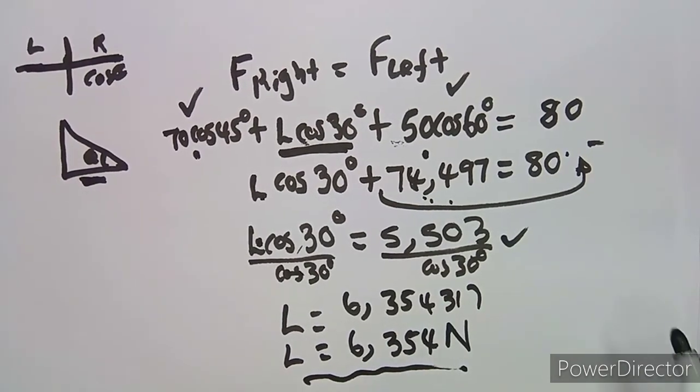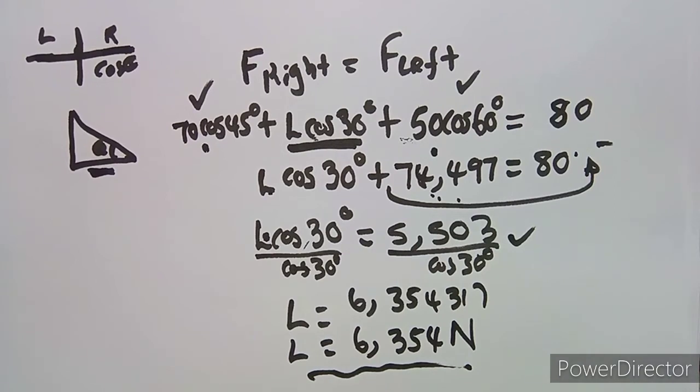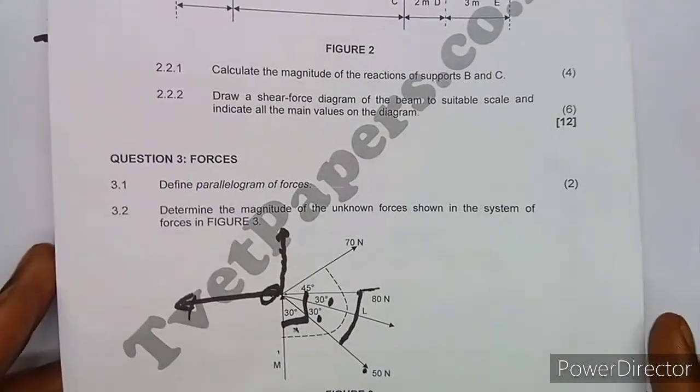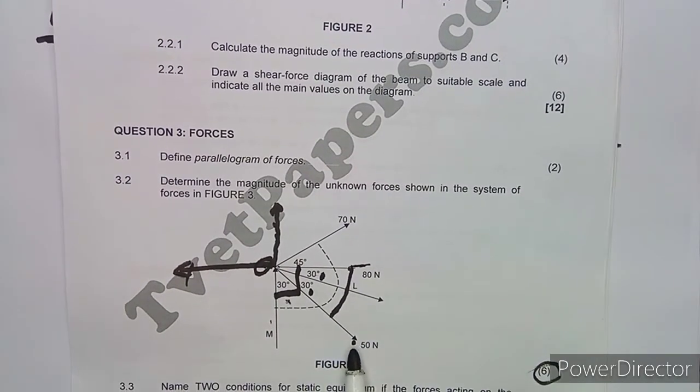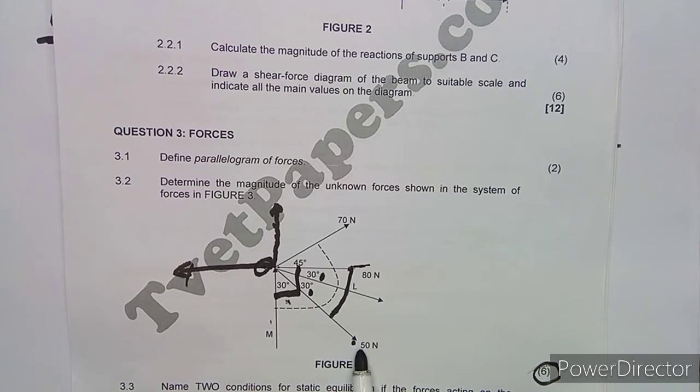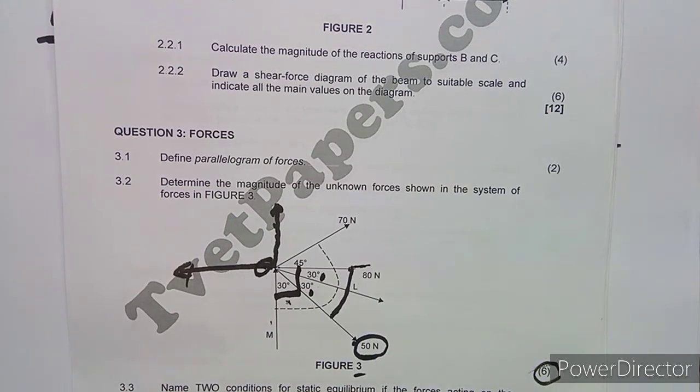So take note, guys, when you are calculating the magnitude, we are working with the magnitude of the force. So you do not consider the negative of the force. Just like this force here, this 50, it is on the negative, but it's not written as minus 50. You are supposed to know, due to the direction, that it's a negative, but we need the magnitude.